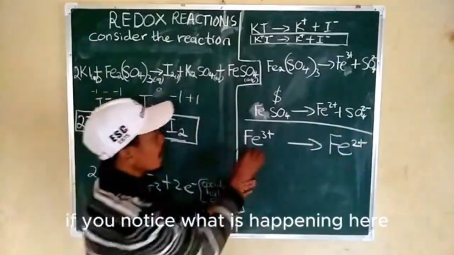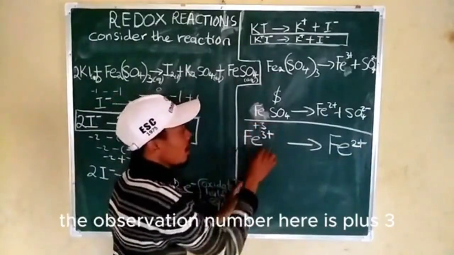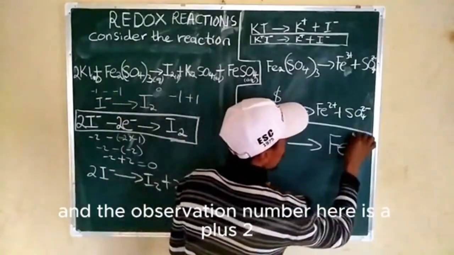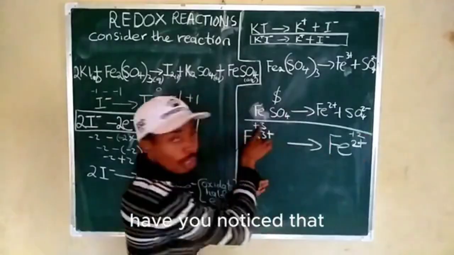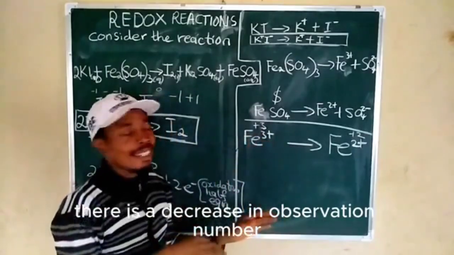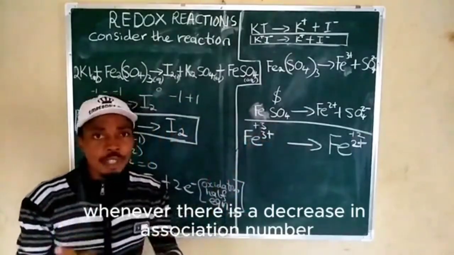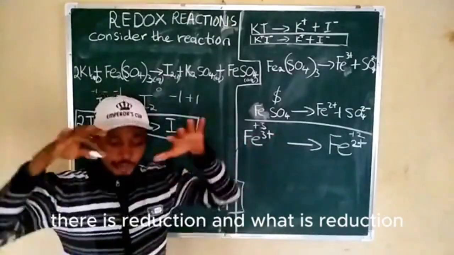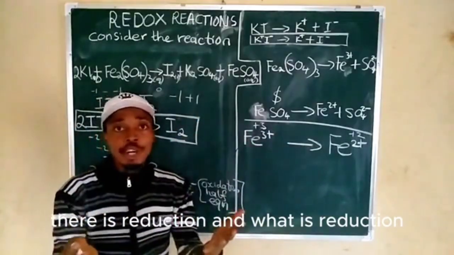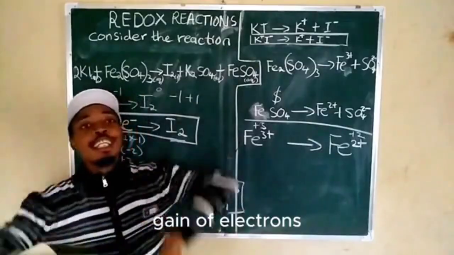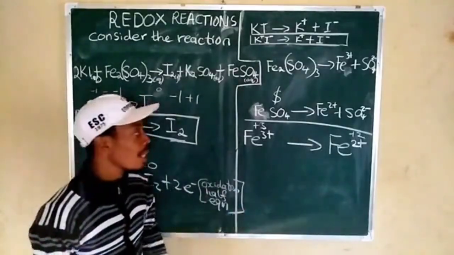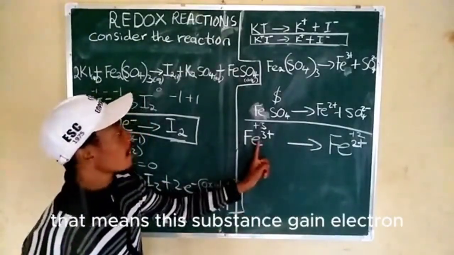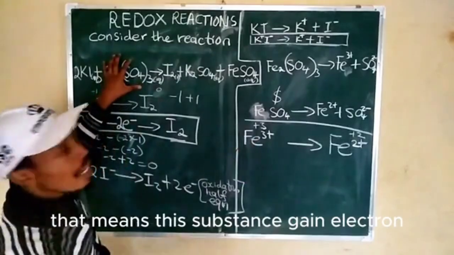If you notice what's happening here, the oxidation number here is +3 and the oxidation number here is +2. Have you noticed that there is a decrease in oxidation number? Whenever there is a decrease in oxidation number or charge, know that there is reduction. And what is reduction? Gain of electrons. That means this substance gained electrons.